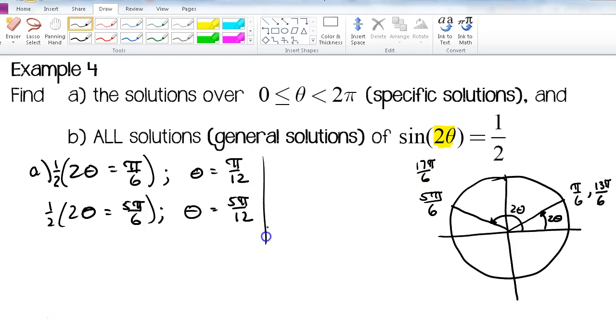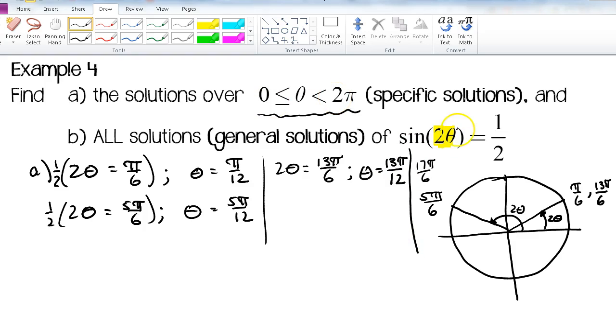So if I let 2 theta equal 13 pi over 6, now keep in mind 13 pi over 6 is not in this interval, but that's what 2 theta is. So again, if I multiply through by a half, we would get that theta is equal to 13 pi over 12. And 13 pi over 12 is in the interval from 0 to 2 pi.